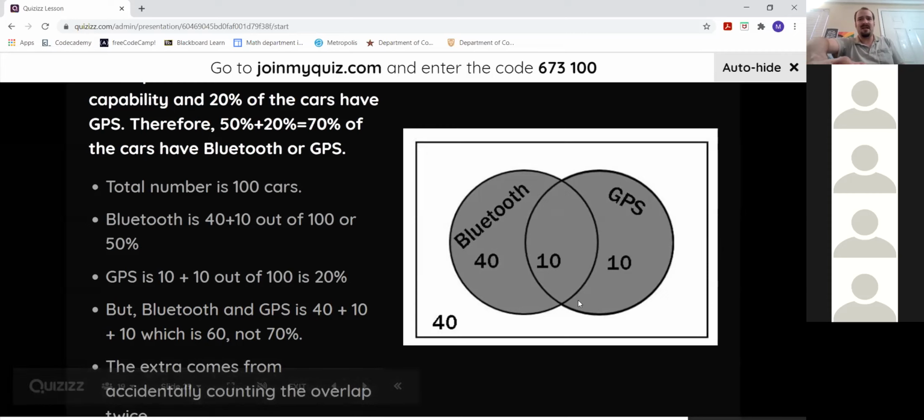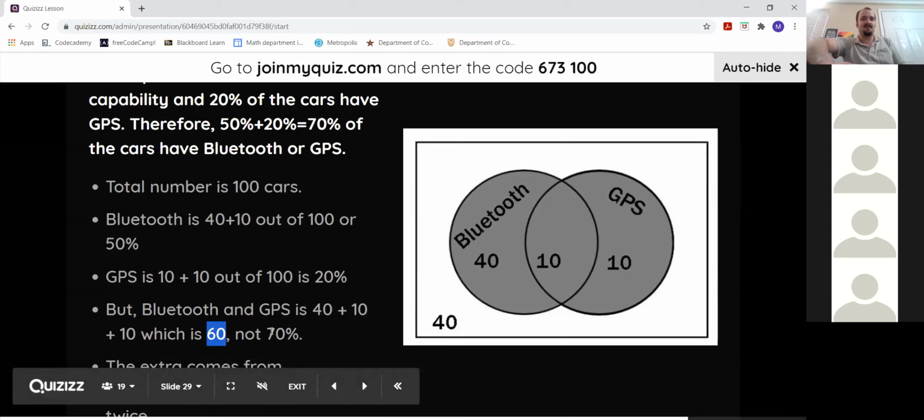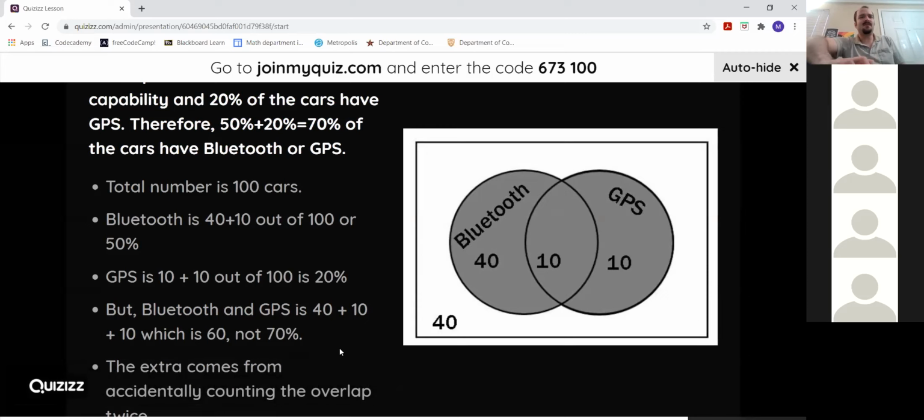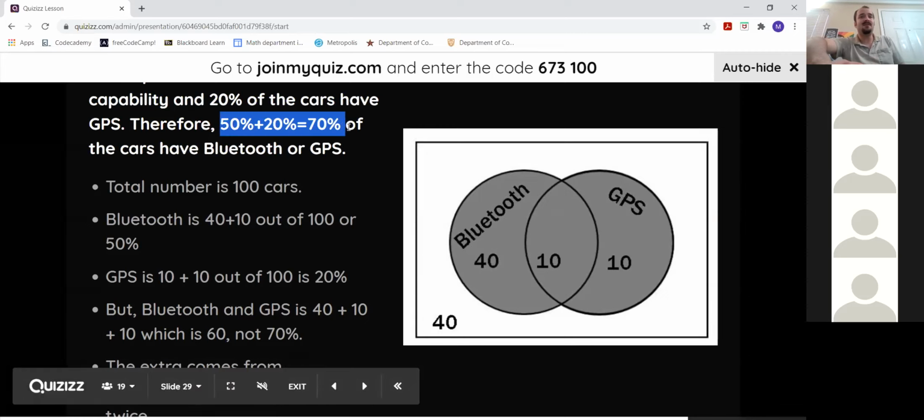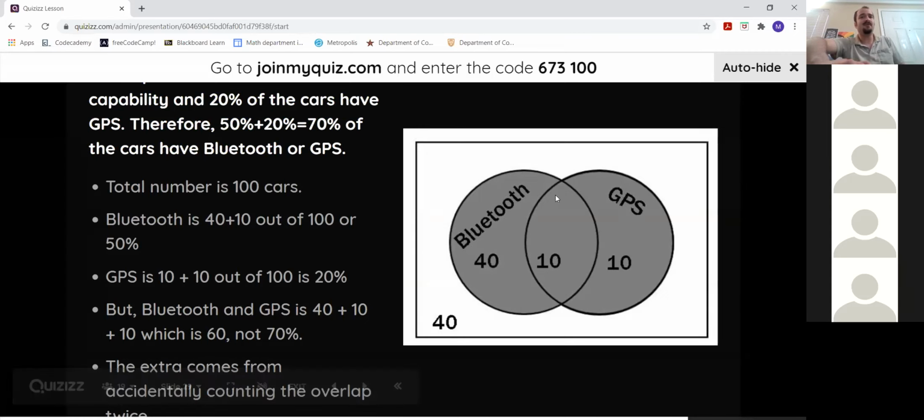But there is this overlap of 10 that makes this one basically 10 less than this one, right? So it doesn't really follow, because they have overlap. There are cars that could have both Bluetooth and GPS.